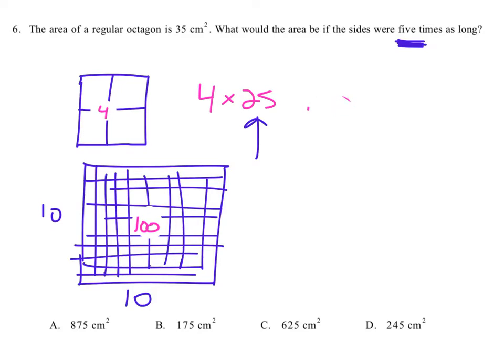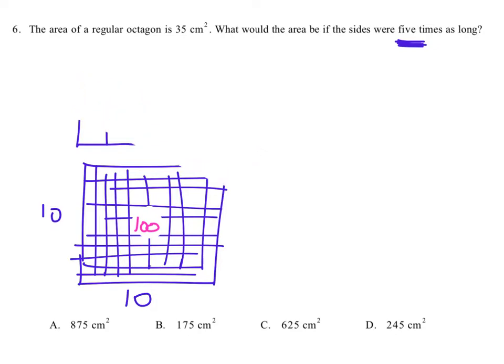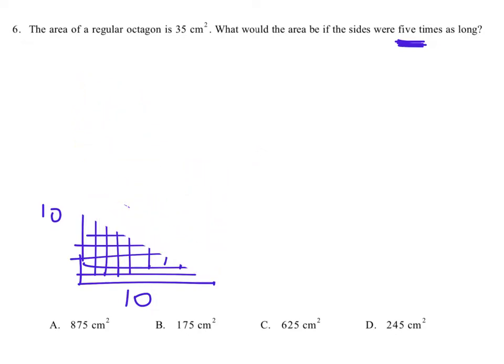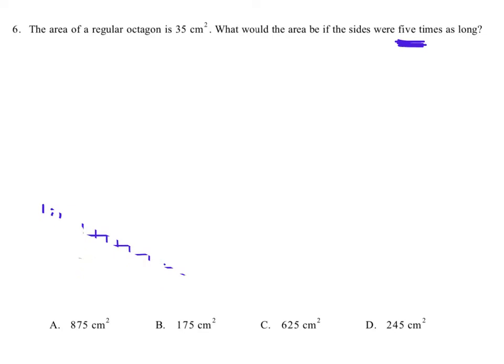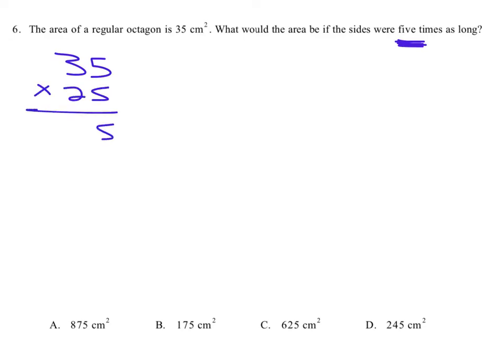So let me erase all of this. And what do you then get as a result? Well, that means that if you know whatever original area you started out with, you can multiply that by 5 times 5, or 25, to find out what the new area would be. So you've got 35 times 25, and you get 875.